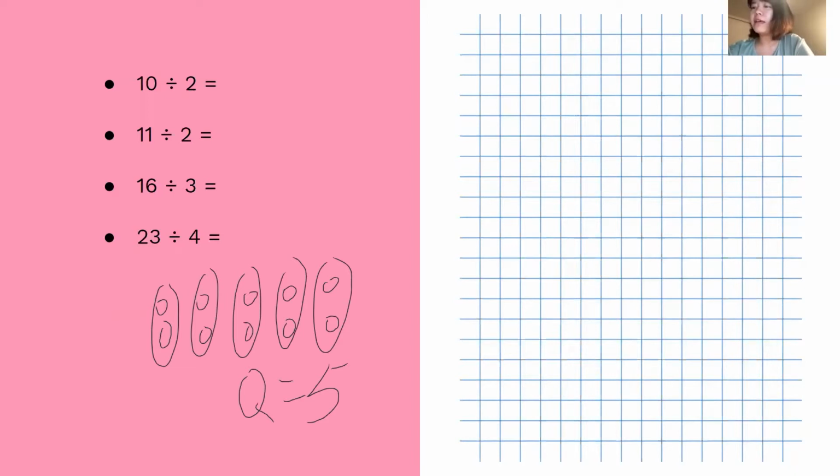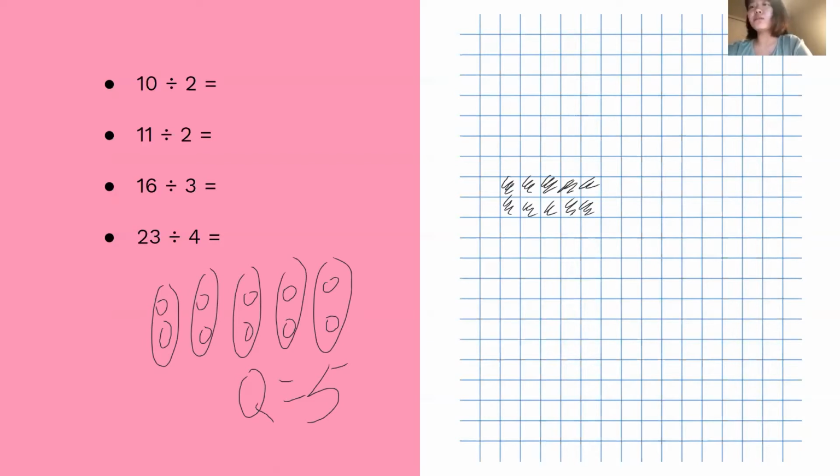Okay, and let's do the gray paper, which is the area model right here. So same thing as when we drew the arrays. We already know we have to have 2 in one group. So let's start with 1, 2 for the first set, and 3, 4 the second, 5, 6, 7, 8, 9, 10.